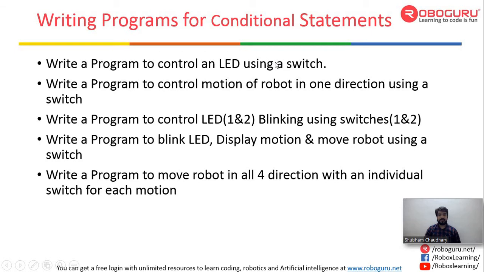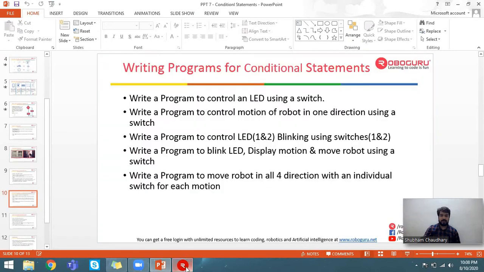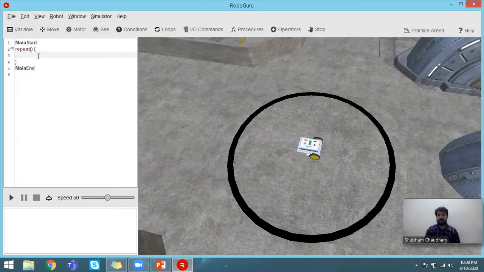So let's write some programs. The first program is: write a program to control an LED using a switch. So here we need to write a program so that we will be able to control an LED using a switch. First thing is, whenever we are writing a program for a switch, it's mandatory that you use a repeat loop.